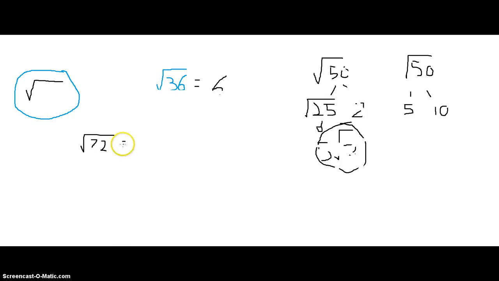So for 72, we're going to use a different way to solve it than what you taught us, Miss Martin. We know that the square root of 36 is 6, because 6 times 6 is 36. Now 72: what number times 2 goes into 72? 36. So the square root of 72 would just physically look like this.